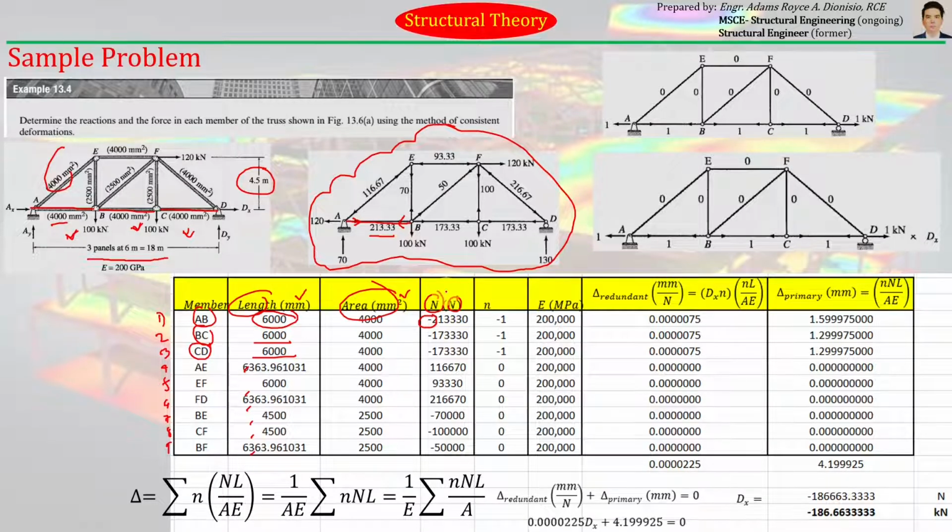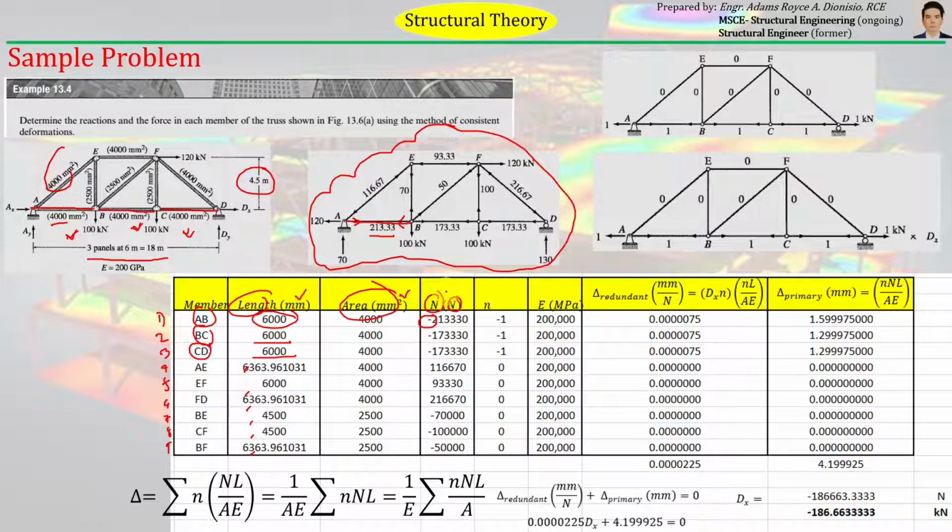The reason why I express this in terms of mm and Newton is simply for consistency of units. But if you can solve this problem without changing the corresponding units, arriving at a consistent unit in the final answer, you can do so.